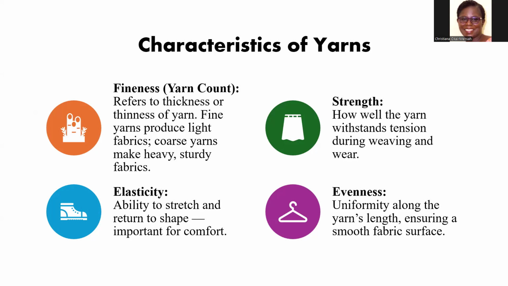So how will the yarn withstand tension during weaving and wear? So they must have strength. Evenness is another characteristic, the uniformity along the yarn's length. So they shouldn't be thick and thin. They should be very uniform, ensuring a smooth fabric surface.